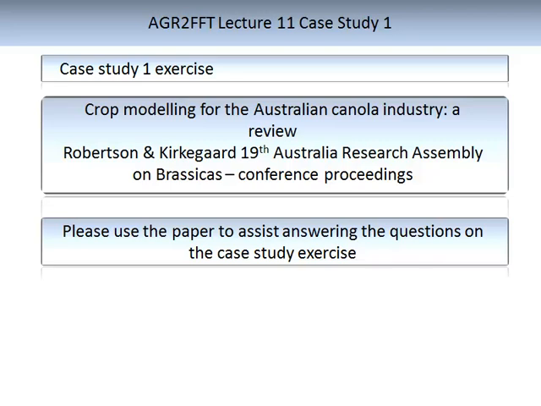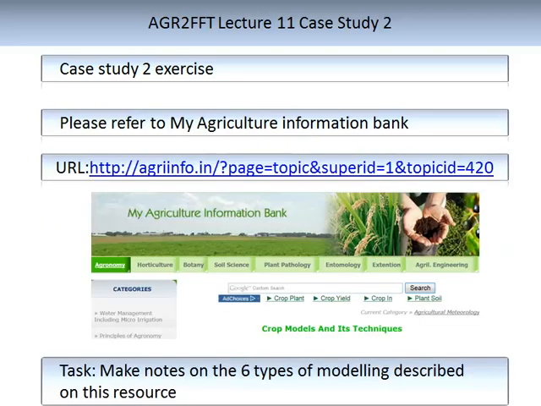This can be found on Moodle. Also on Moodle will be a file containing the case study exercises. There are a number of questions associated with this case study that you are required to answer in order to complete your lecture notes.